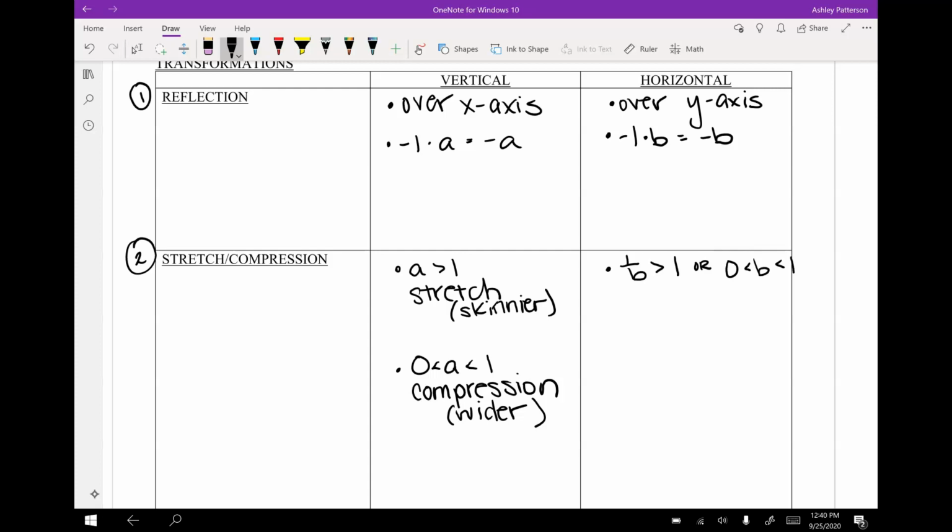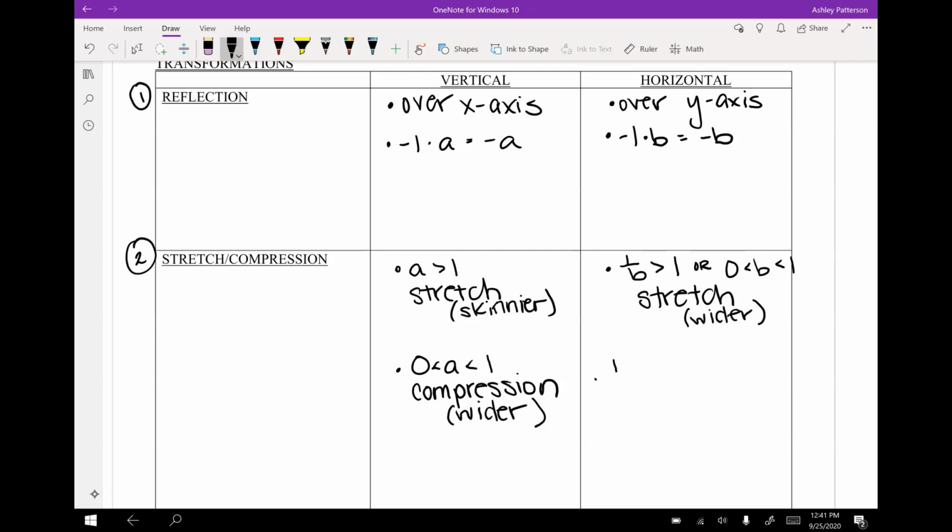Because if I'm a proper fraction, let's say 1/2. Okay, in the equation it says 1/2. Its reciprocal is 2, and 2 is greater than 1. Therefore, it is a horizontal stretch. You can think of it either way, okay? If I'm horizontally stretching something, I am getting wider.